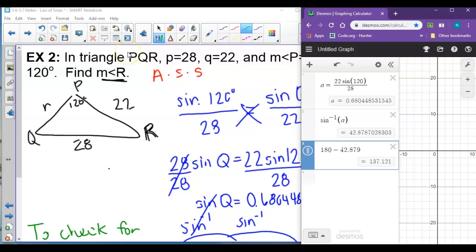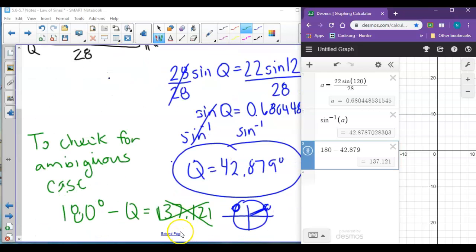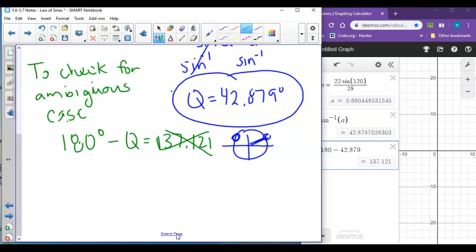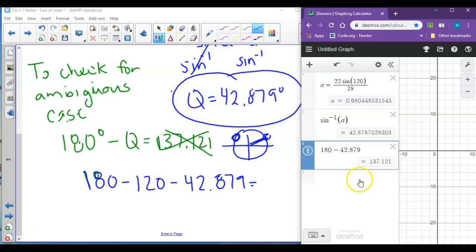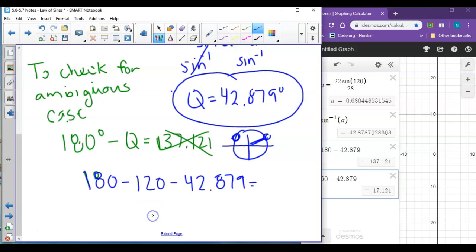for Q. Now the question did ask us for R instead of Q. So all we've got to do for that is just take 180 minus 120 minus 42.879, and whenever we do that, that's going to be 60 minus 42.879, and we'll get 17.121. So the measure of angle R is going to be 17.121 degrees.